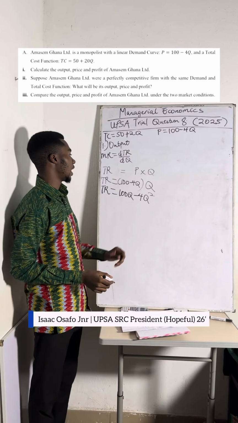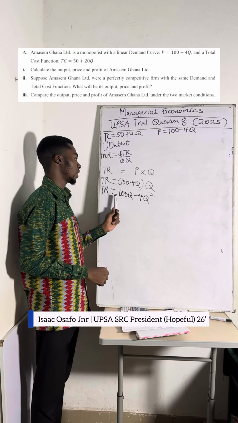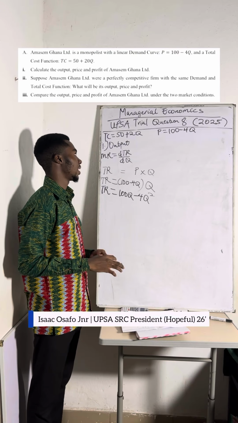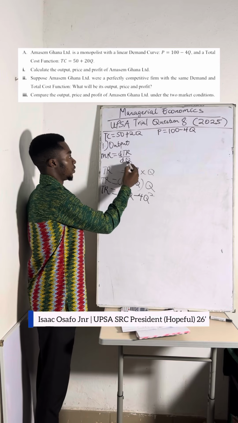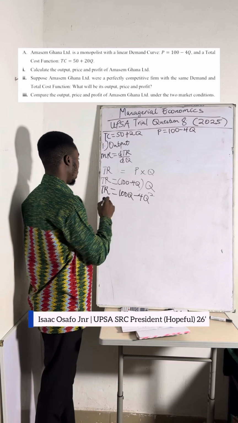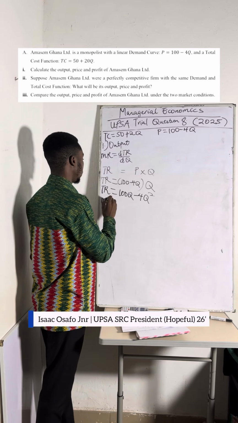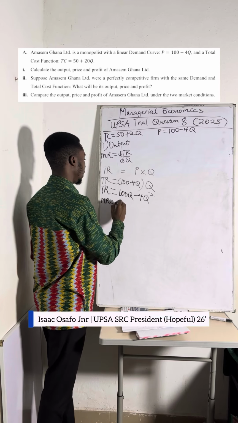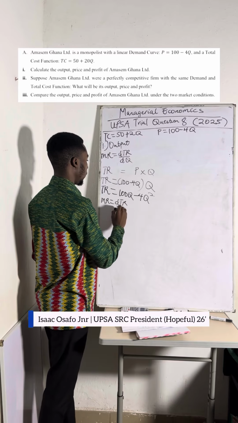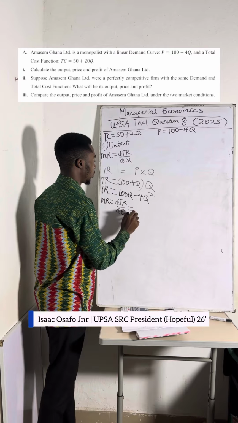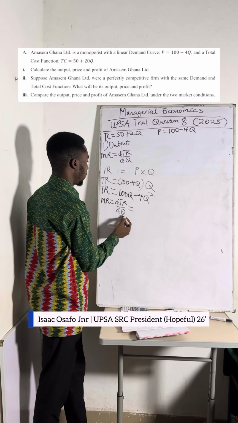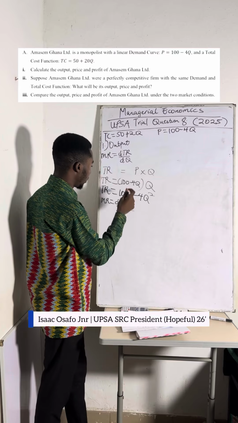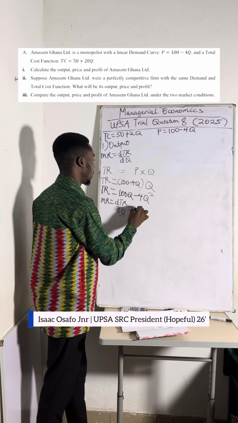So now that we've found our total revenue function as 100Q minus 4Q squared, we can now find our marginal revenue. We just have to differentiate this with respect to Q. So our marginal revenue will be, as I said, dTR over dQ, which will be equal to, so now we are differentiating the TR with respect to Q. 100Q, when we differentiate with respect to Q, gives 100.